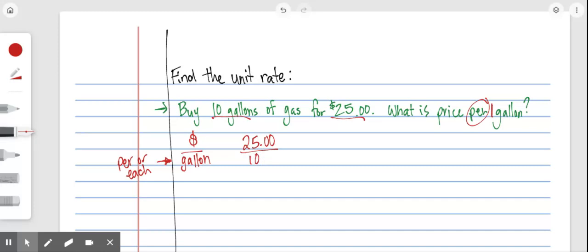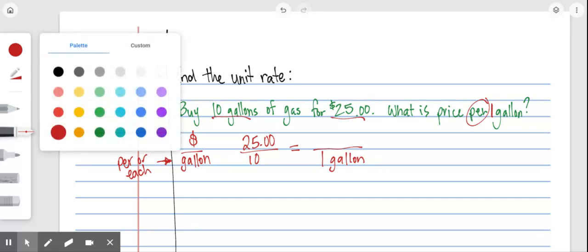Okay. I want to know, what is the price for 1 gallon? Okay, so I'm creating equivalent ratios or equivalent unit rates. Okay, so if I spent $25 on 10 gallons, how much will I spend on 1 gallon?